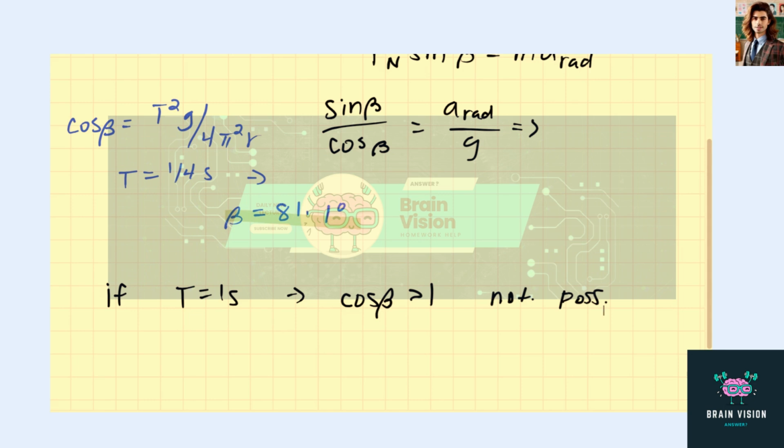So it is just going to sit at the bottom. Sine of beta would have to be equal to 0, which means that it sits at the bottom.